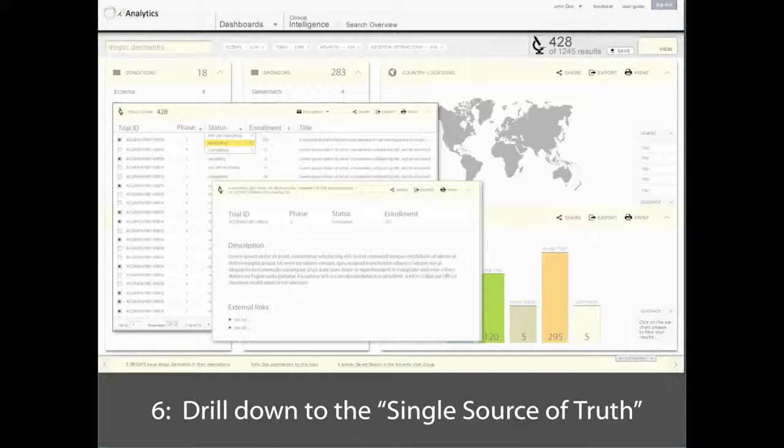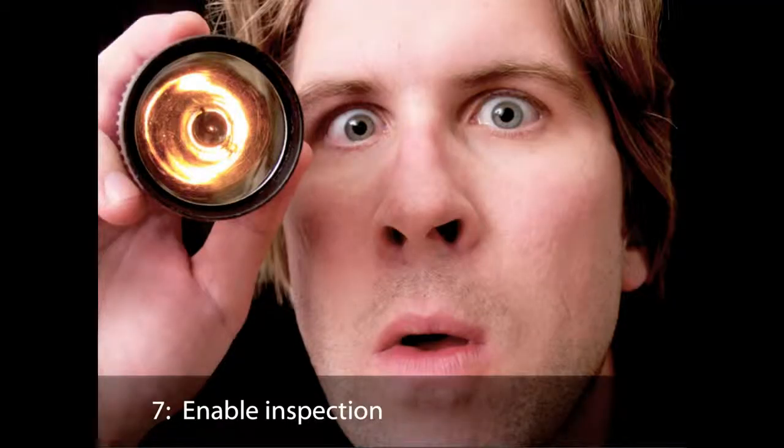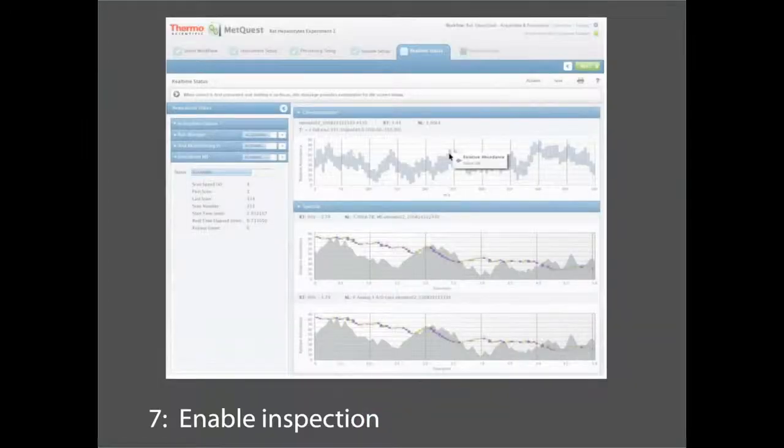The seventh thing I want to share with you is the idea of enabling inspection using visualization. Now, here's a piece of software that runs a mass spectrometer. The mass spectrometer is about a $750,000 piece of equipment. This particular software and instrumentation was used to test all of the Olympic athletes in the 2012 Olympics.